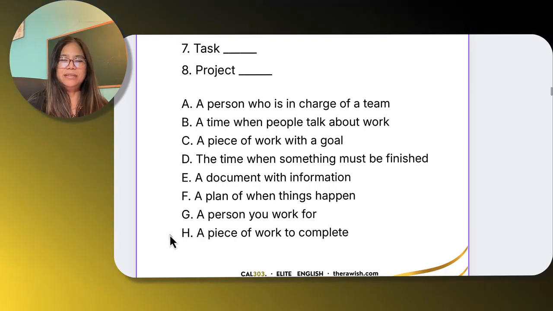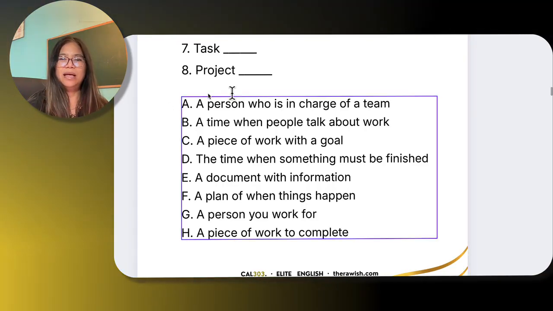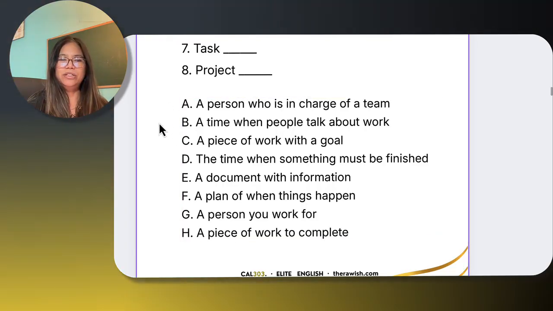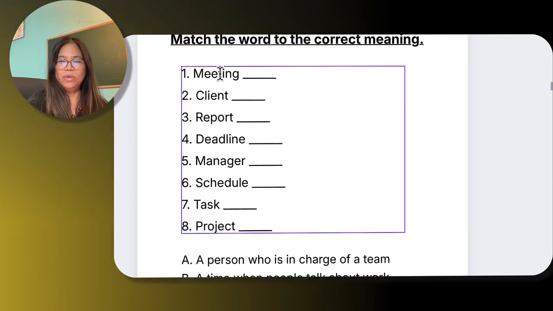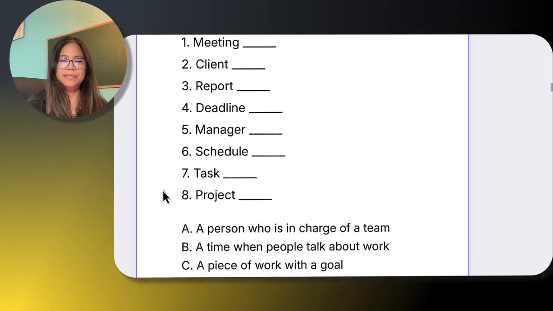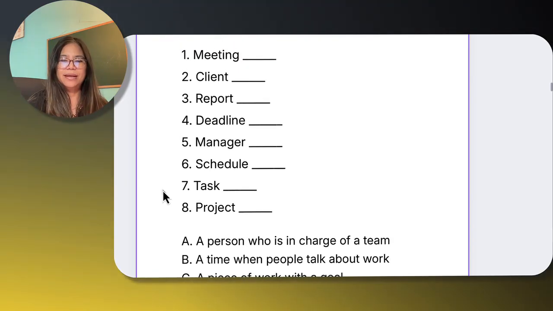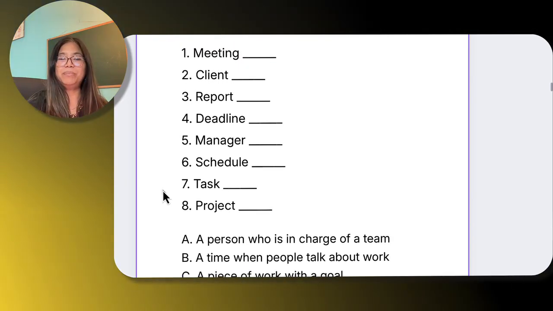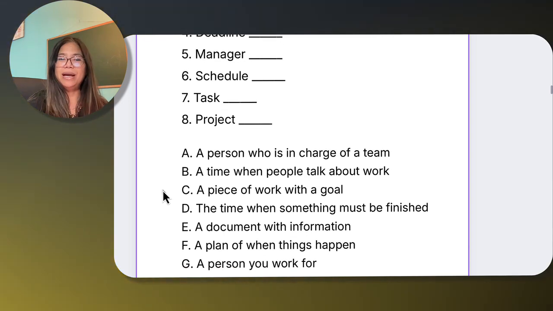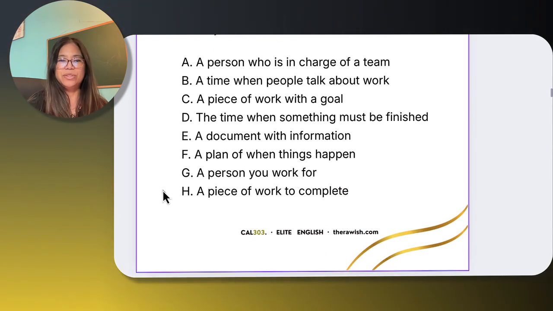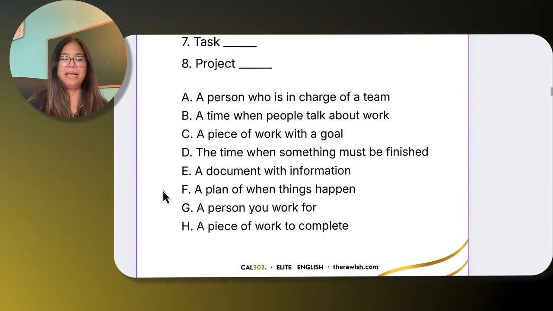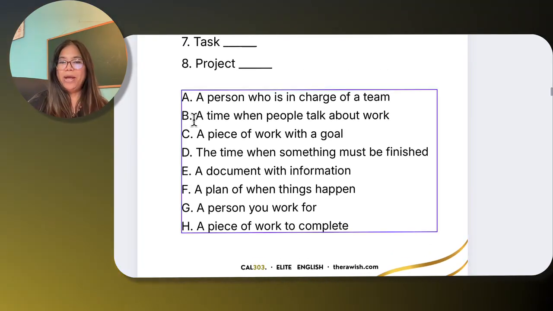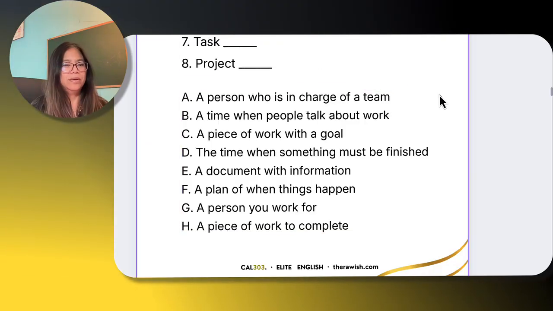So you must match each word to the correct meaning. So meeting. What's a meeting? Which one would it be? Let me read out each of the answers. A, a person who is in charge of a team. B, a time when people talk about work.